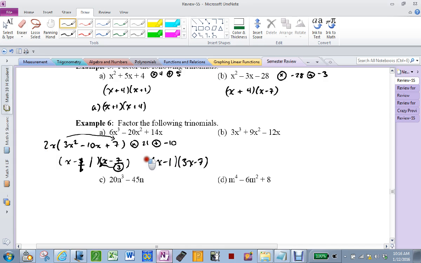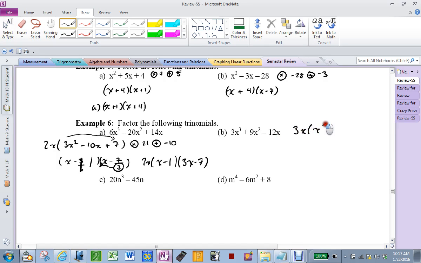Choice C will probably be right. Understand? Don't forget the 2x. So over here, you already know what to do. What do you do? GCF. What is the GCF? 3x.